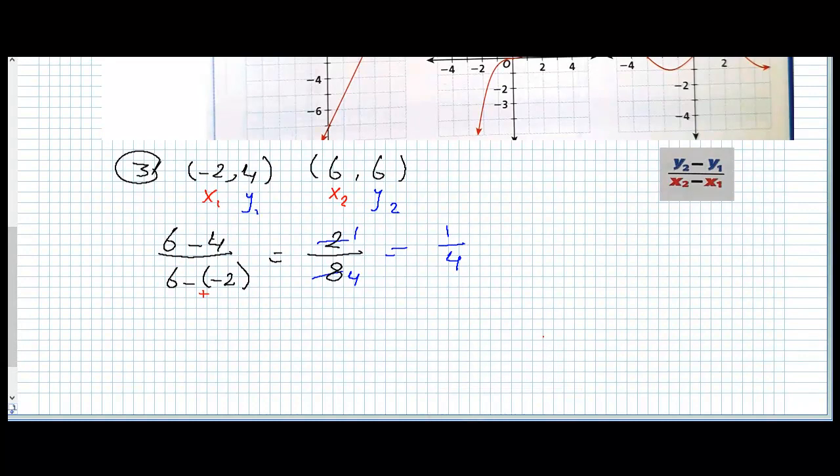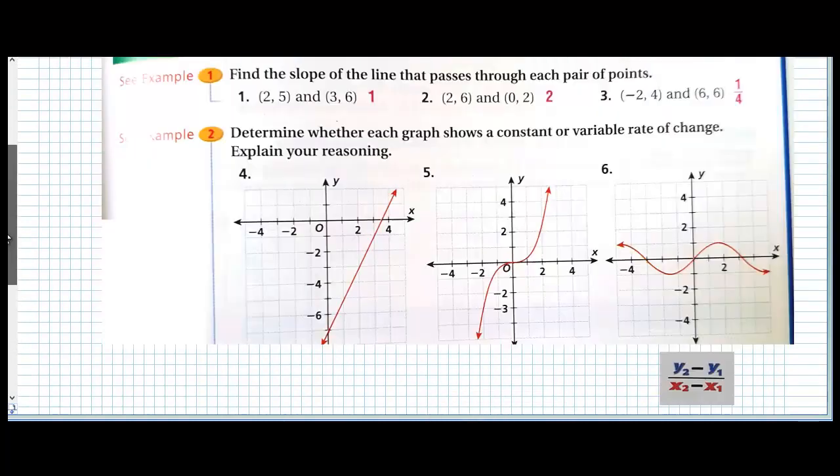Let's go to the next part of our question. Here we have to determine whether each graph shows a constant or variable rate of change. What does this mean? It means that the slope is constant all through the line, no change in slope in any part of the line. Like this one, you can check.